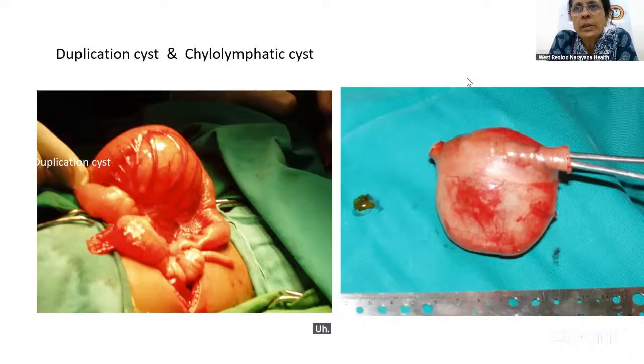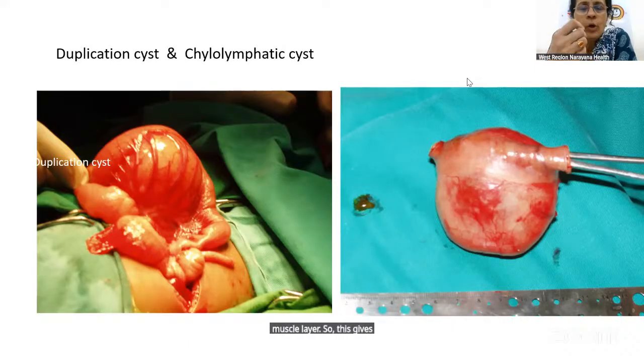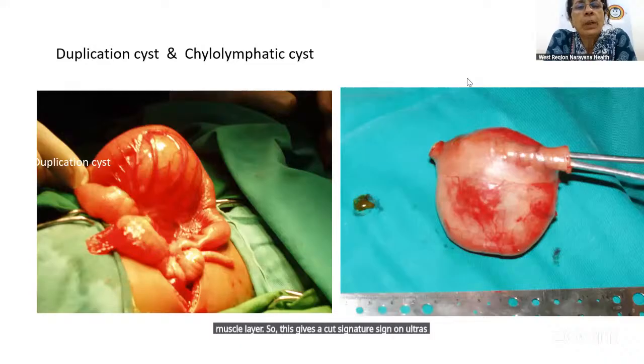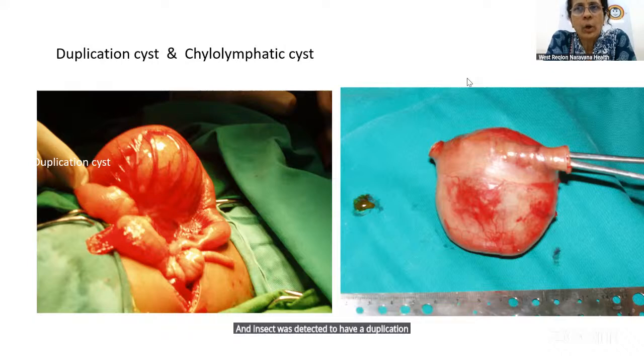The wall of the intestine has mucosa, submucosa, and muscularis, the muscle layer. So this gives a gut signature sign on ultrasound, and this sign was picked up in this cyst, and hence it was detected to be a duplication cyst and not an ovarian or other kind of cyst.